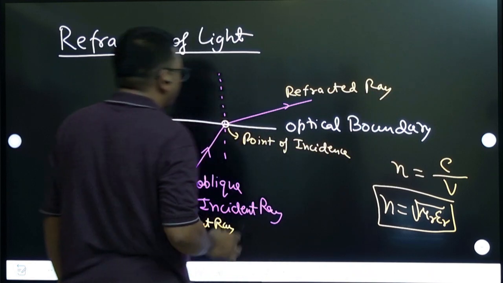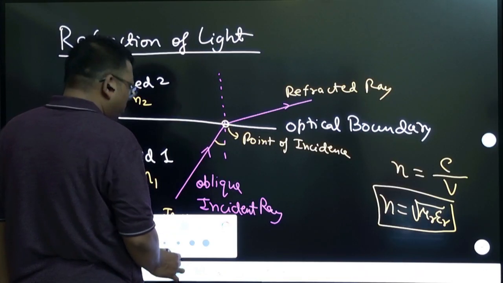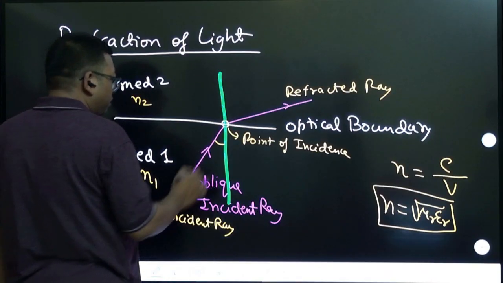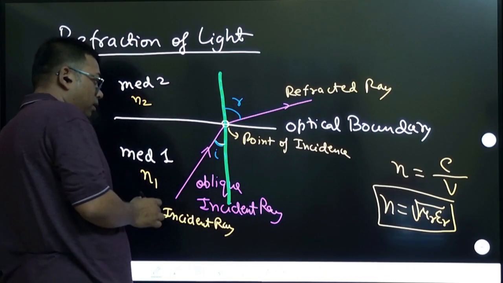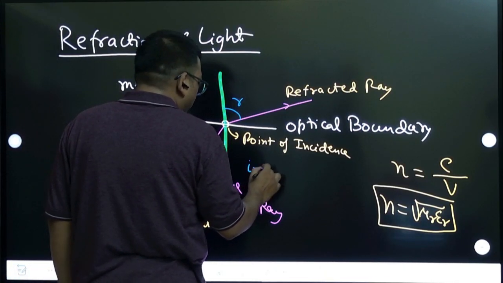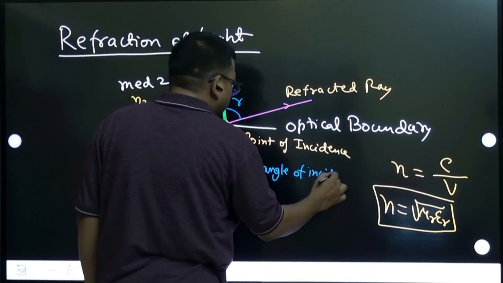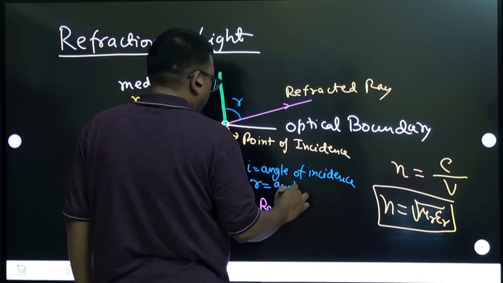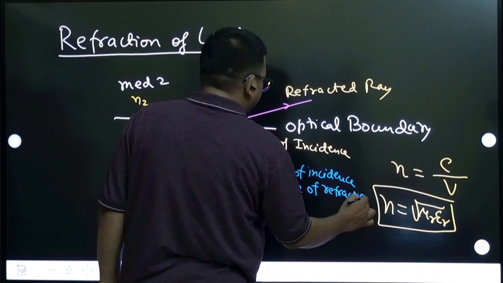This is the normal here, and this angle with the normal is the angle of incidence i. This angle is the angle of refraction r. So i is the angle of incidence, and r is the angle of refraction.